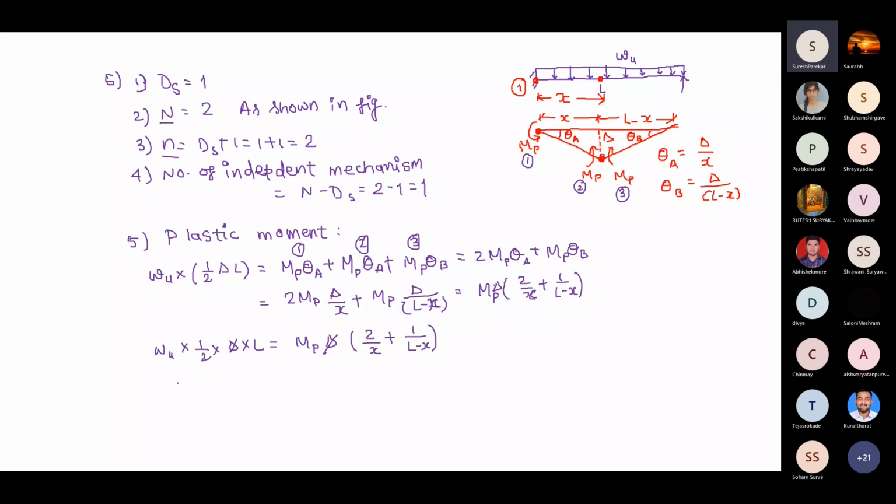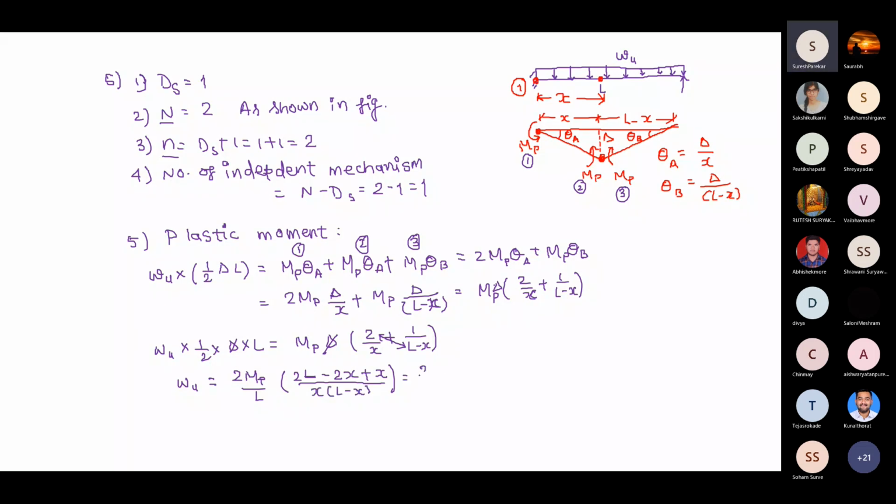And then we have WU is equal to 2 MP upon L in bracket 2 plus 2L minus 2X. We are going to have this cross multiplication. 2L minus 2X plus X divided by X into L minus X.